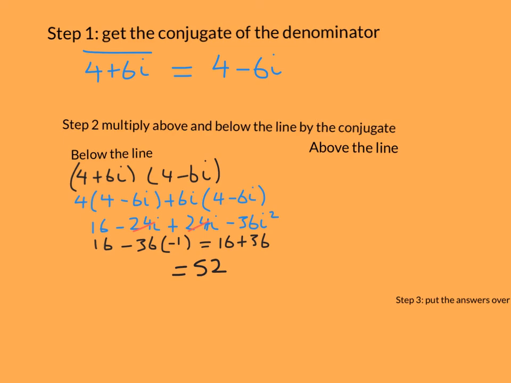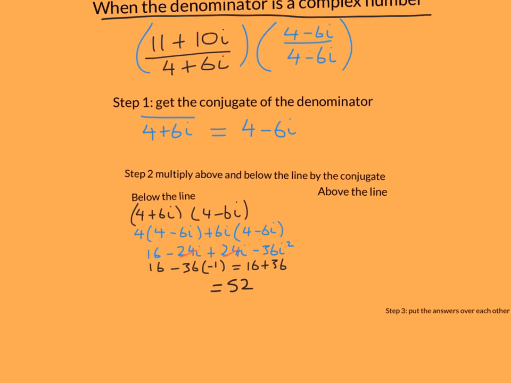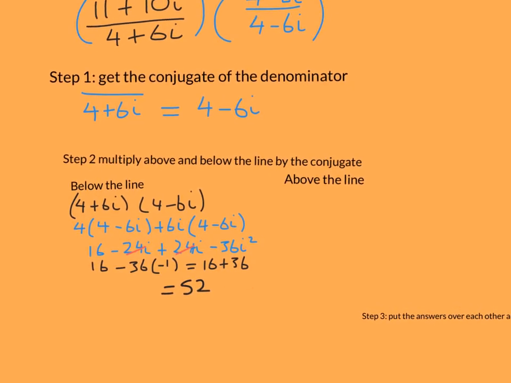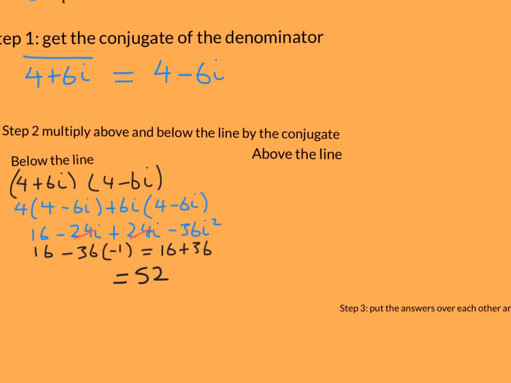Let's look at above the line then. So if we move back up here, we can see above the line is 11 plus 10i multiplied by 4 minus 6i. So if I multiply them, I'm not going to use split the bracket this time.